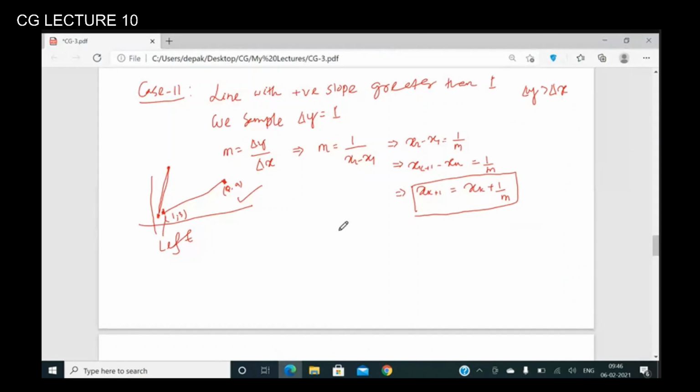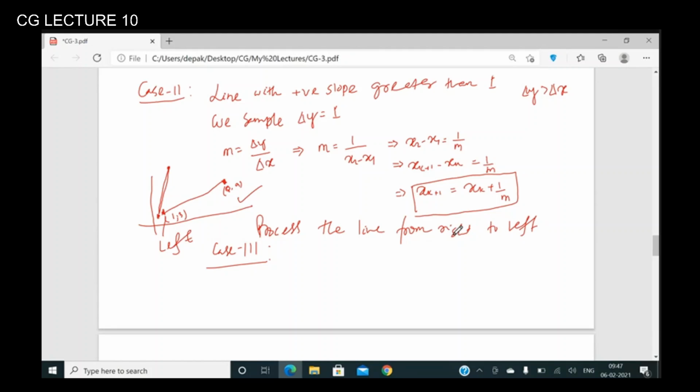So that means, we have discussed case 1 and case 2, and case 3 and case 4 are nothing but if you process the line from right to left.